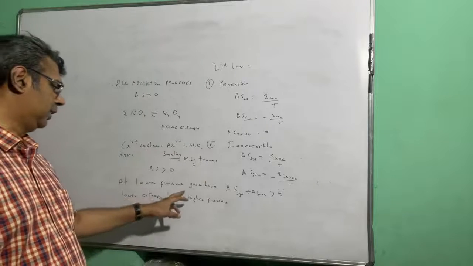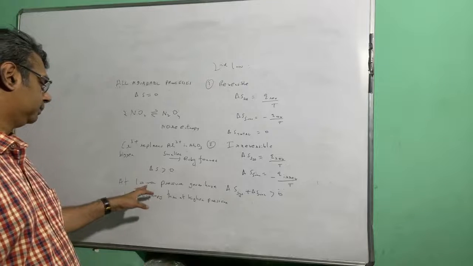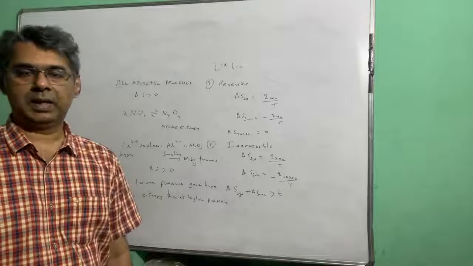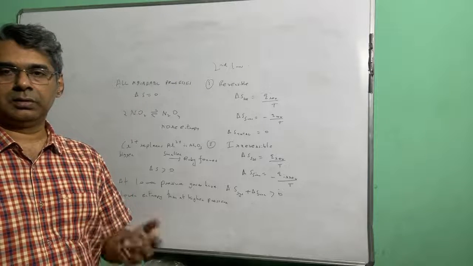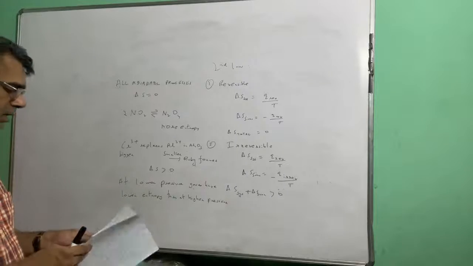So at lower pressure, okay, so basically if the pressure is low, then they will have lower entropy, and when the pressure is high, due to high pressure, the molecules will be more agitated and therefore the entropy will be more. So this is another important thing.